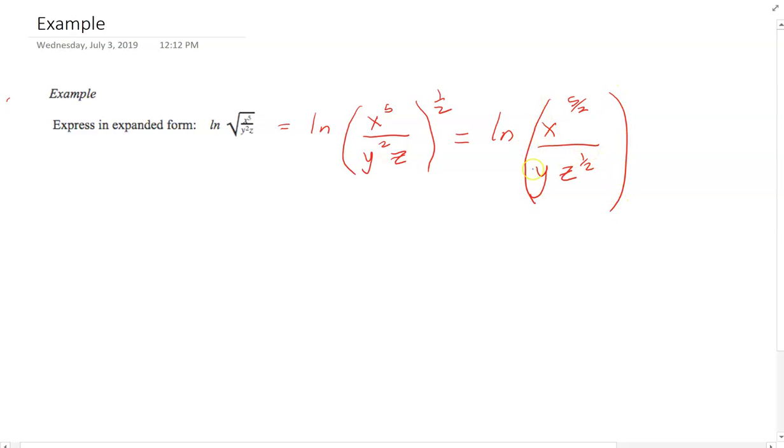Now we have this only as a quotient, so we take the ln of x to the 5/2, subtract ln of y times z to the 1/2.